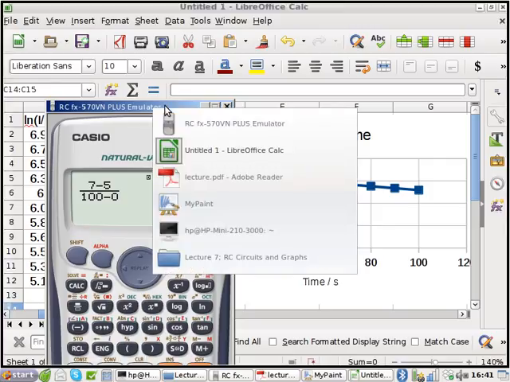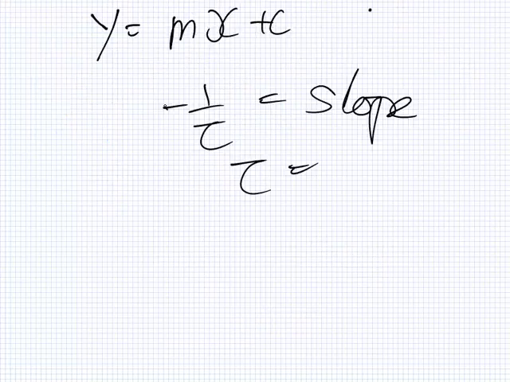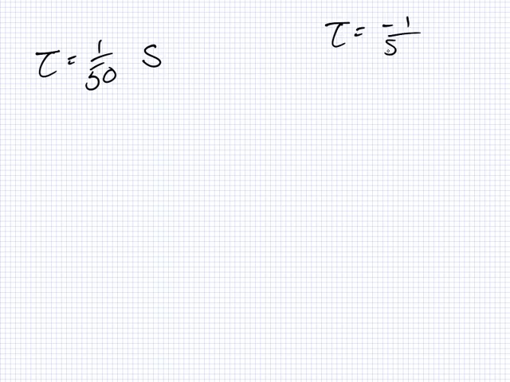But you have to be really careful. I don't say the time constant is 1 over 50 because I need to work out the units. So it might be seconds, but it could be milliseconds because we're using milliseconds and milliamps. So let's double check here. This is equal to this.